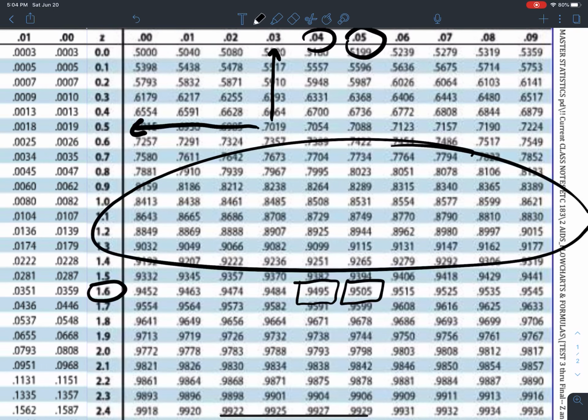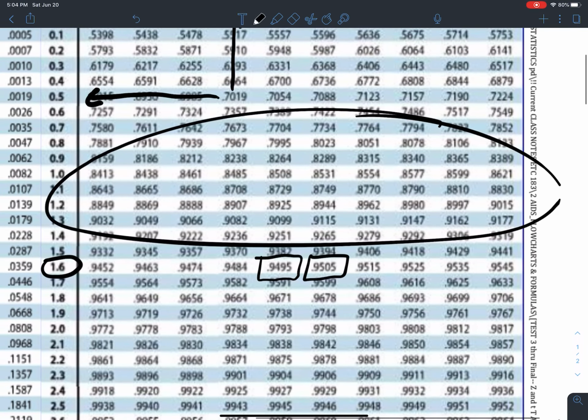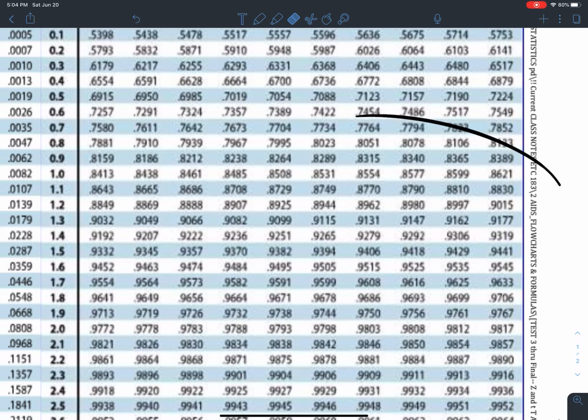So 8879, that's going to be somewhere on the right side. 8879. Here I see 8869 and 8888.